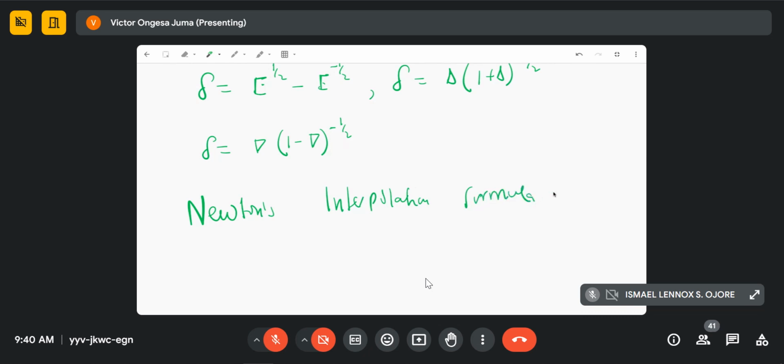And I should finish this Newton interpolation formula in the next class. So I look at both the forward and the backward. And after one class, I look at the Lagrange's interpolation.